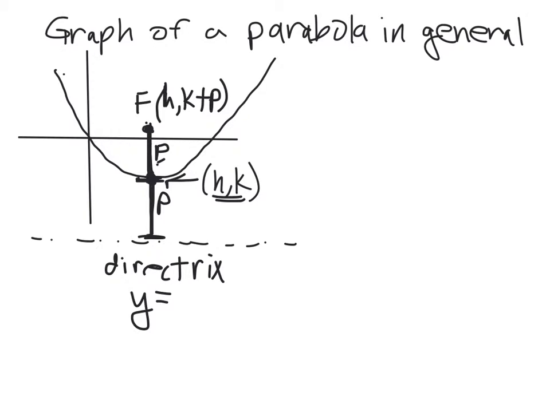Well, that number will depend on k as well as p, but the directrix is under the vertex, so we have to subtract p units from k, and this becomes the equation for the directrix.